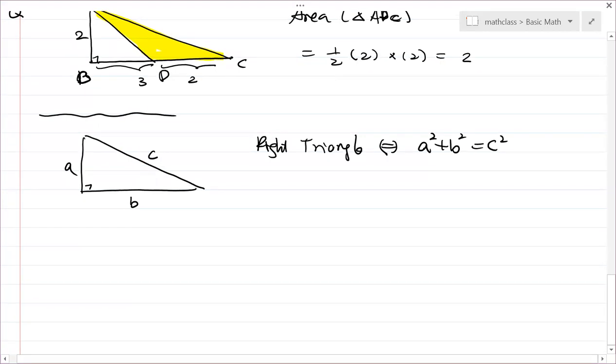As you see, everybody knows this triangle. It's 3 and 4, and this side must be 5. 3 squared plus 4 squared equals 5 squared.